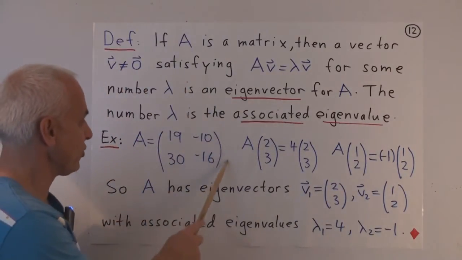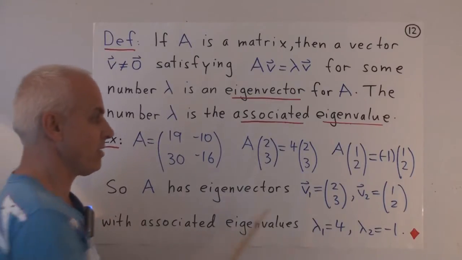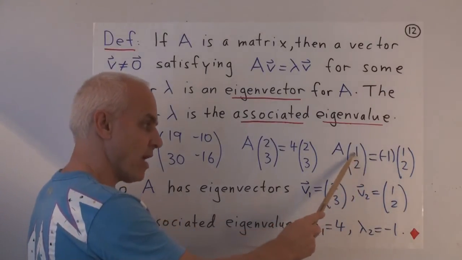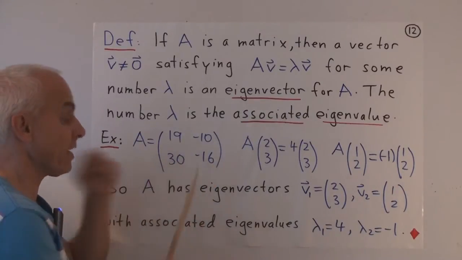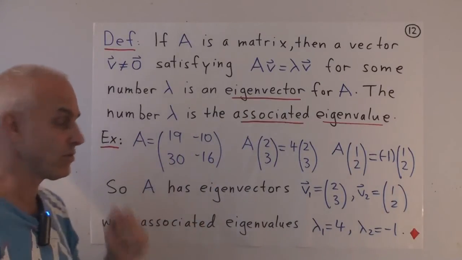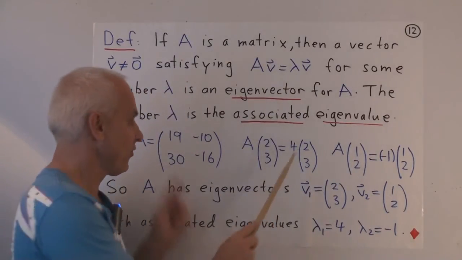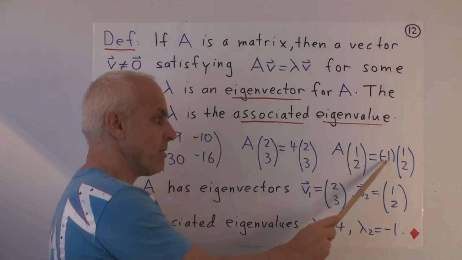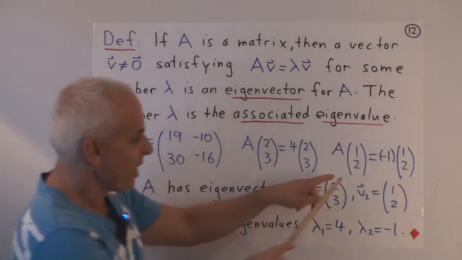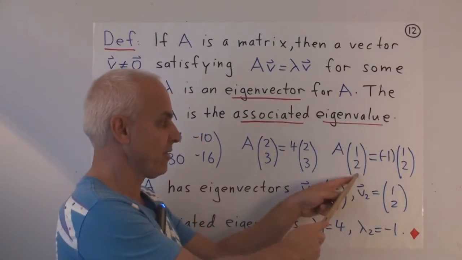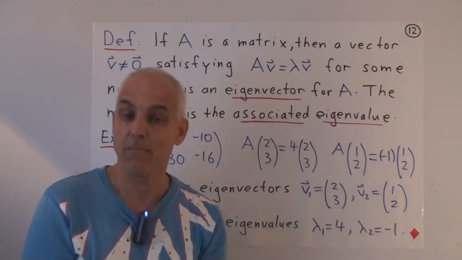If we multiply by 1, 2, we get 19 minus 20, that's minus 1, which is minus 1 times that entry. And the second entry will be 30 minus 32, that's minus 2, and that will be minus 1 times this entry. So the matrix times 1, 2 is minus 1 times 1, 2. So this is another eigenvector for the matrix A, and its associated eigenvalue is minus 1.